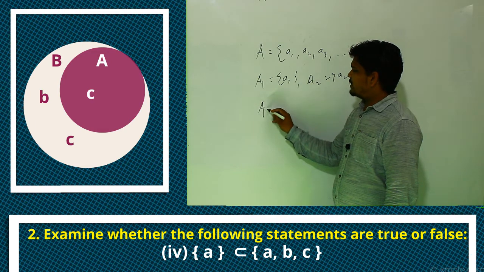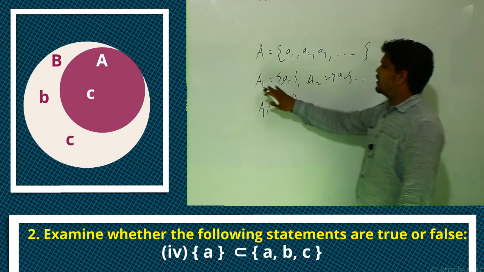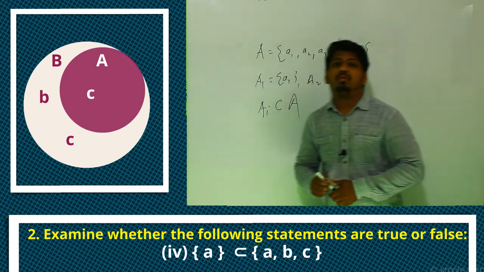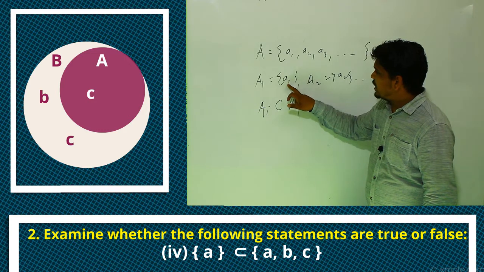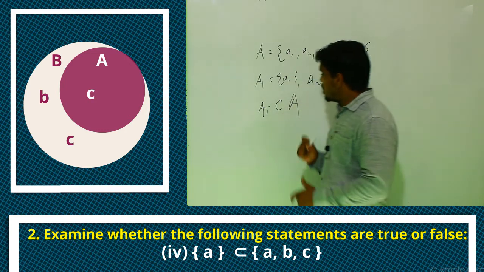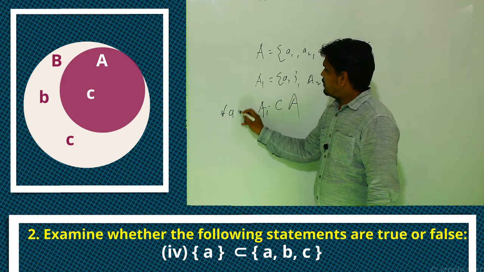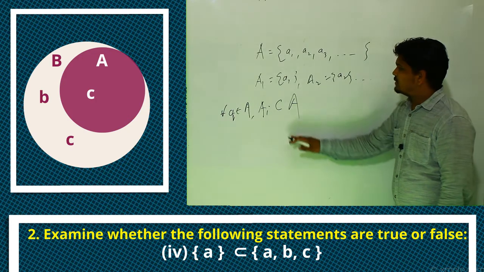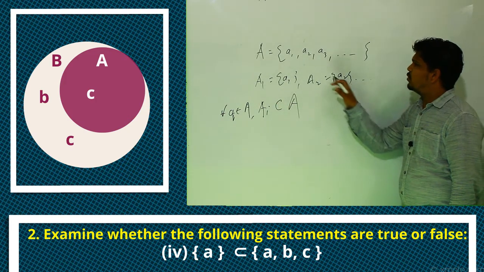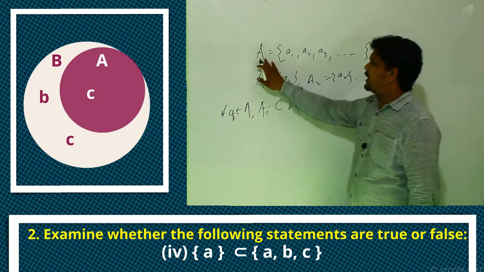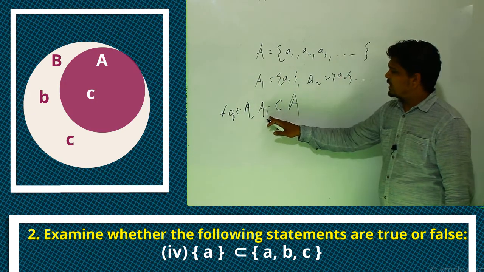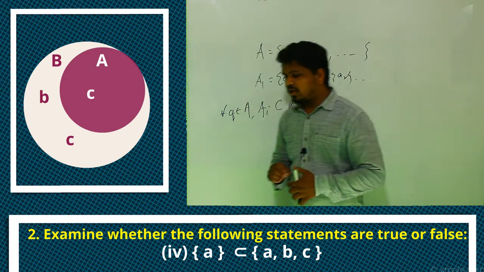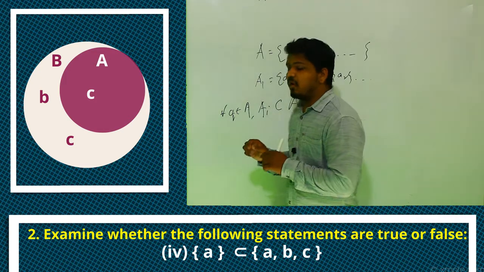Means all Ai will become a subset of A, since a singleton element must be from that set only. Means for all ai belonging to A, you will have {ai} a subset of A. Therefore, for all ai, we will have singleton {ai} is a subset of A, since they are in that set. Therefore, here you will have singleton {a} is a subset of {a, b, c}.